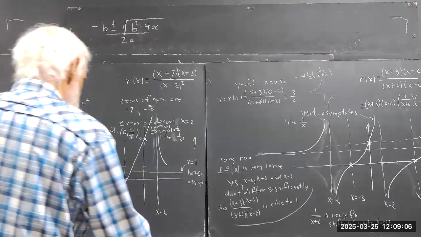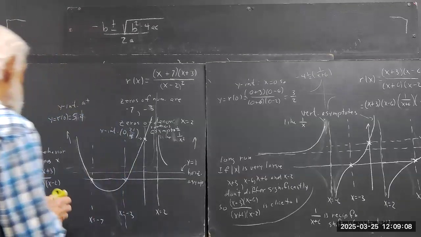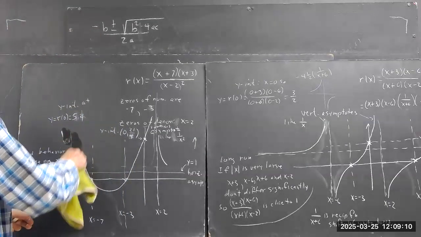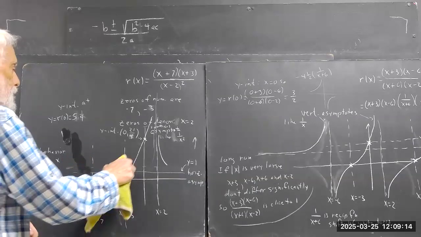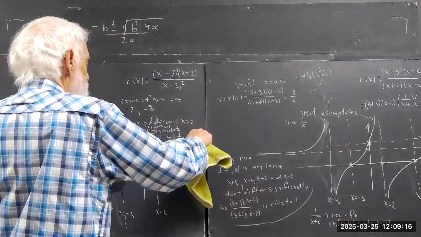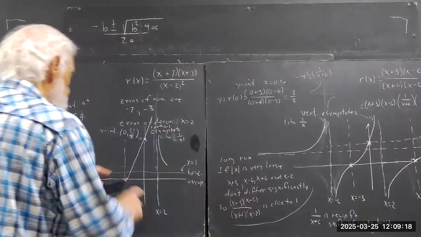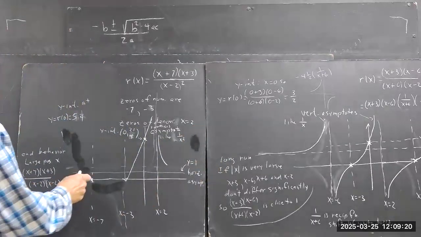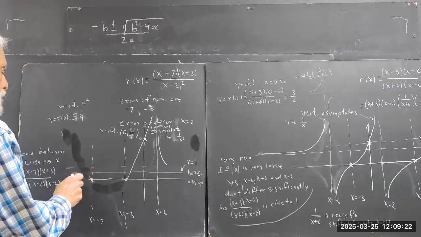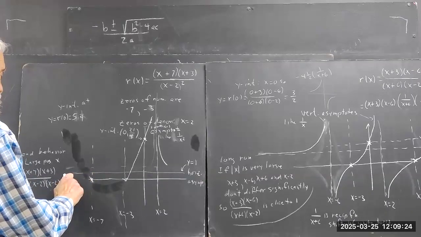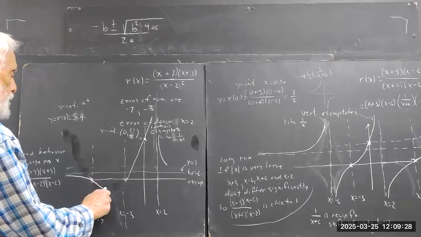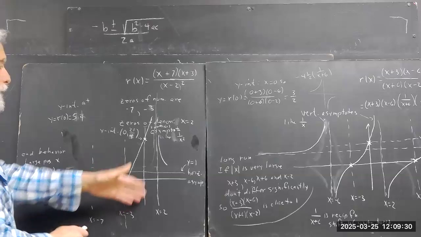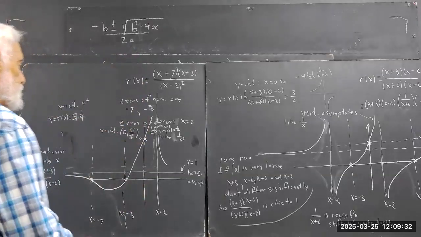I'm just clicking my brain. Let's do this. It's got to approach the horizontal asymptote. So it comes over here from the horizontal asymptote, goes down through the 0, then back up through here, and then it does what I said.